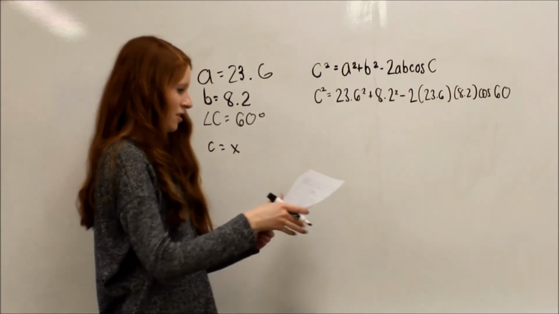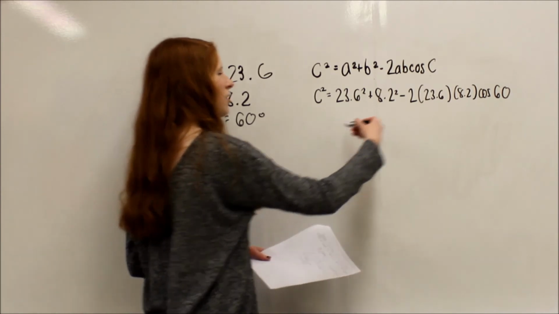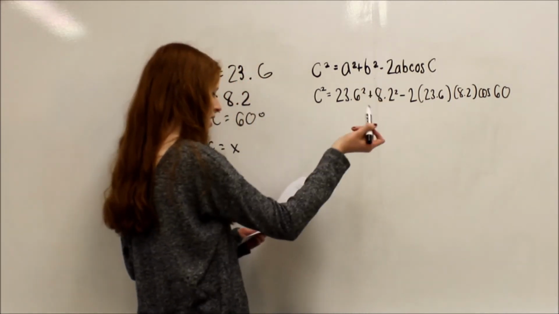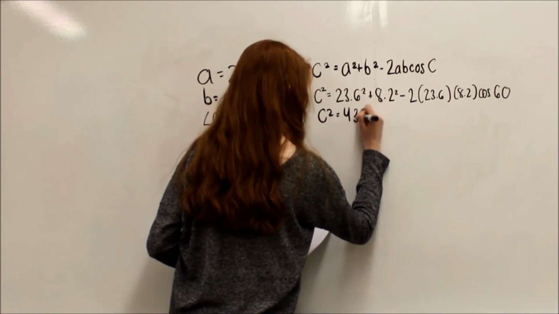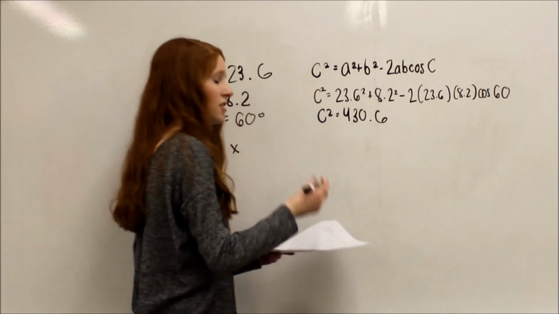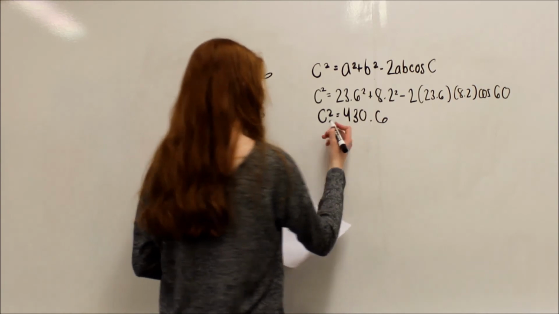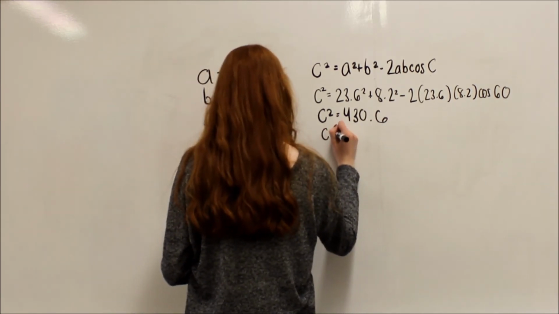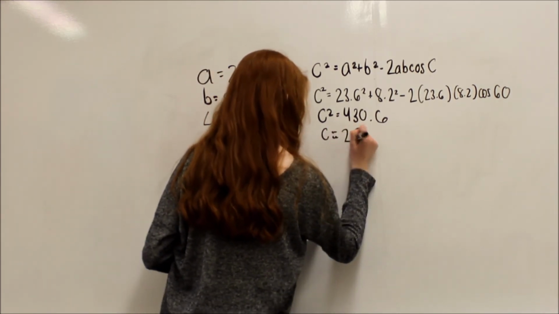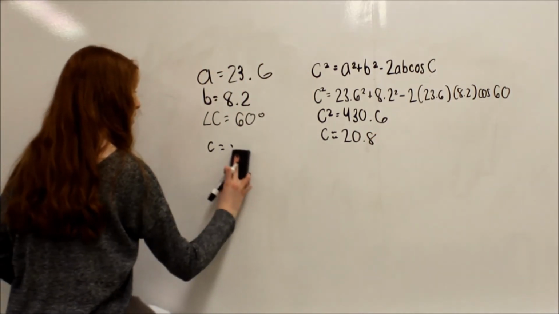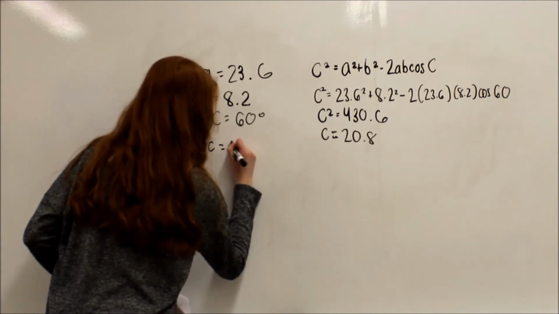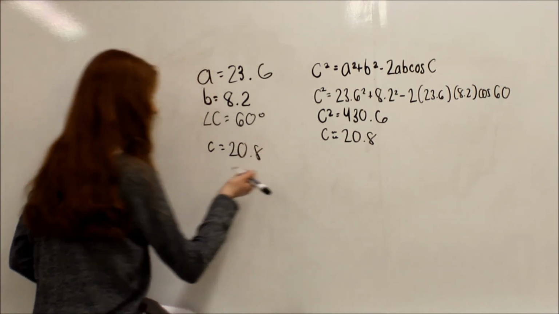So you plug all of that into your calculator, and you get C squared equals 430.6, and then you just take the square root of each side. So C equals approximately 20.8. So now we write C equals 20.8 over here, and we solve for side C.